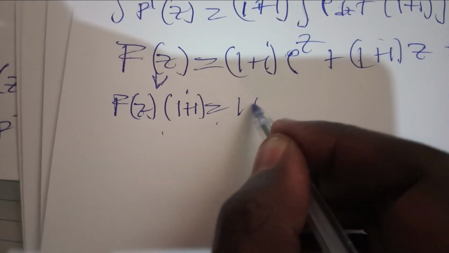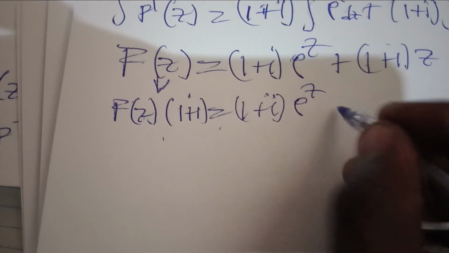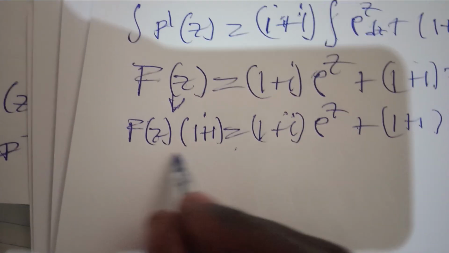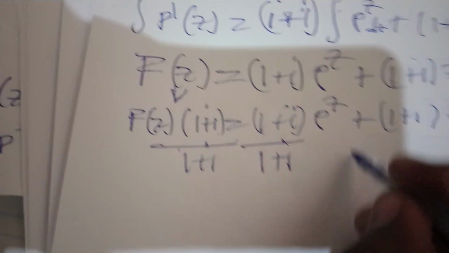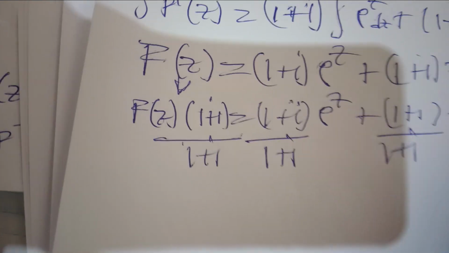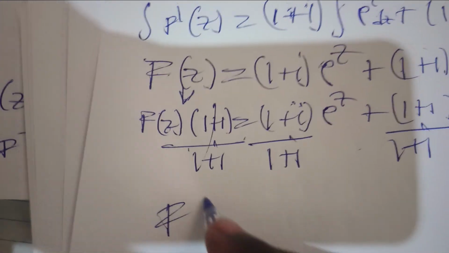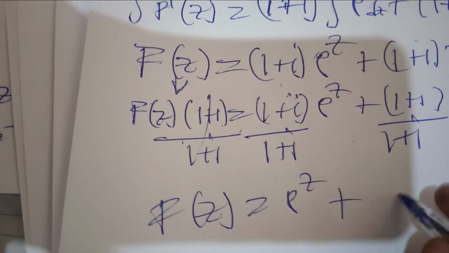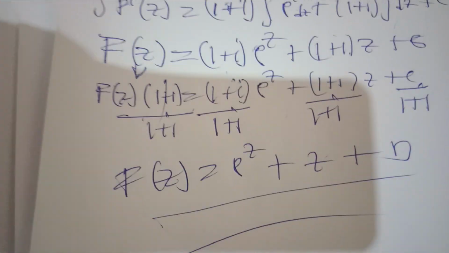So f of z is equal to 1 plus i, open bracket, e to power z plus z, plus c. So we divide throughout by 1 plus i. So we have f of z is equal to e to power z plus z plus c. And this is our analytic function.